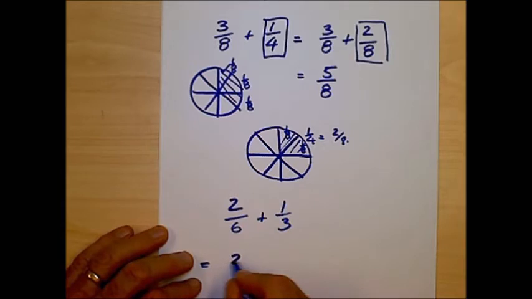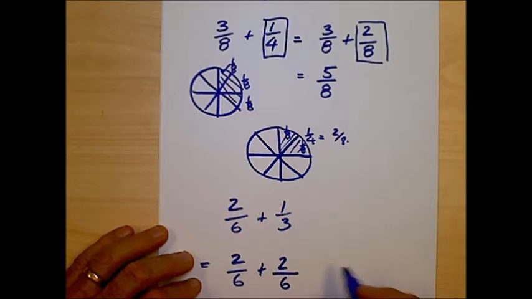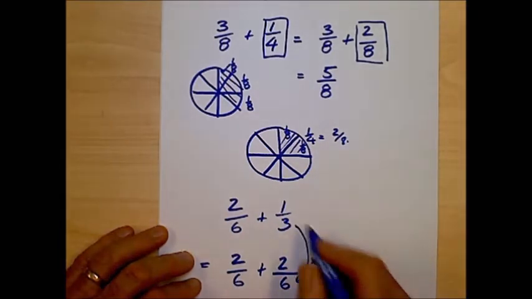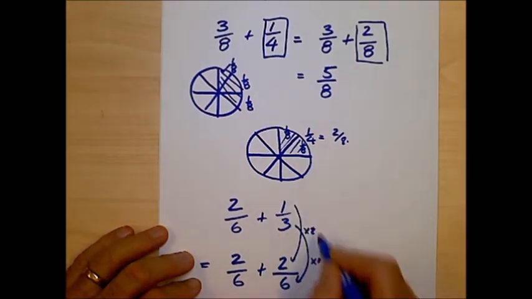So that would be equal to 2/6. Now notice I didn't change that fraction, but the 1/3, I'm going to change that to 2/6. How did I do that? Because I've multiplied the denominator by 2 and the numerator has been multiplied by 2.